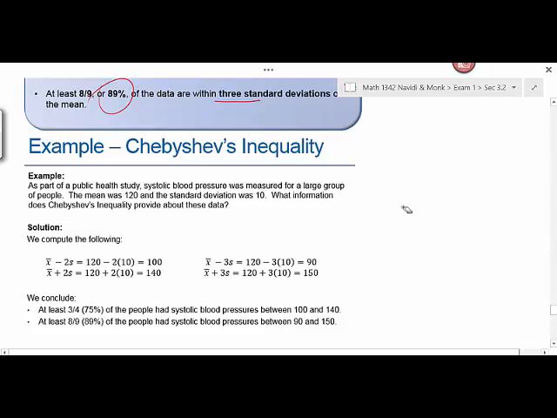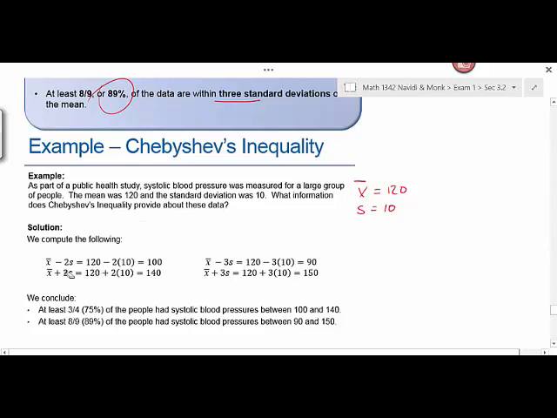Here's an example of Chebyshev's inequality. It says that as part of a public health study, systolic blood pressure was measured for a large group of people. The mean was 120 and the standard deviation was 10. So our mean was 120, the standard deviation was 10. What does Chebyshev's inequality prove about these data?